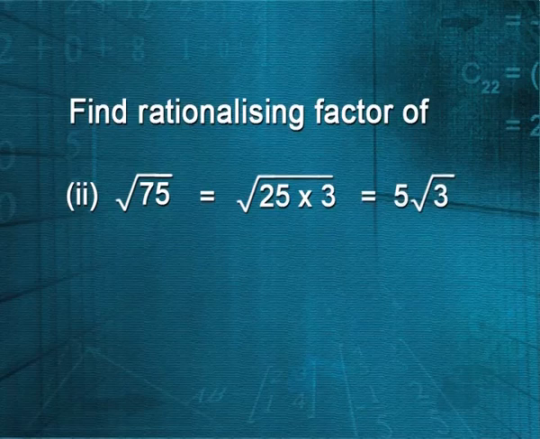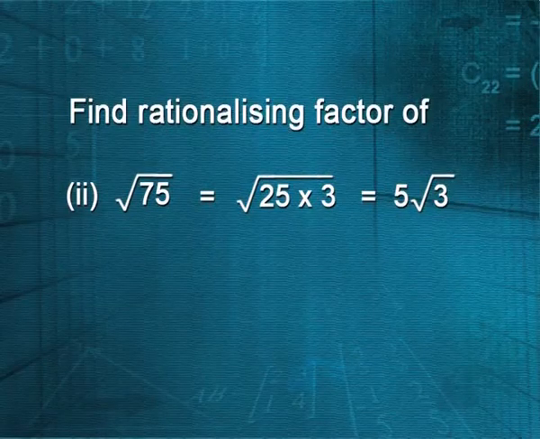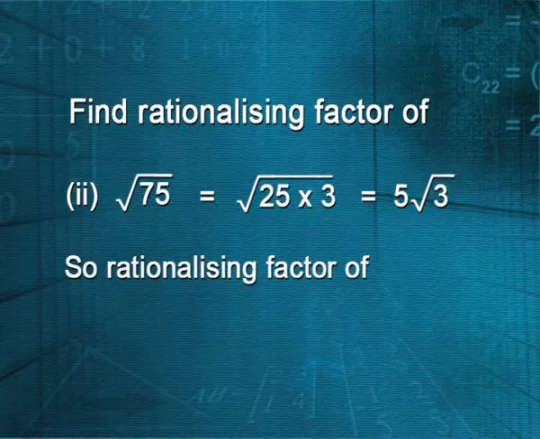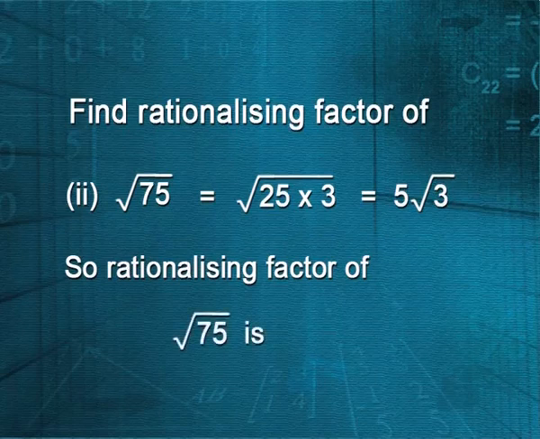Now when I multiply 5 root 3 by root 3, I will get 5 into 3, which is 15, and 15 is a rational number. That means by multiplying root 75 by root 3, I will get a rational number. Therefore, root 3 is the rationalizing factor of root 75.